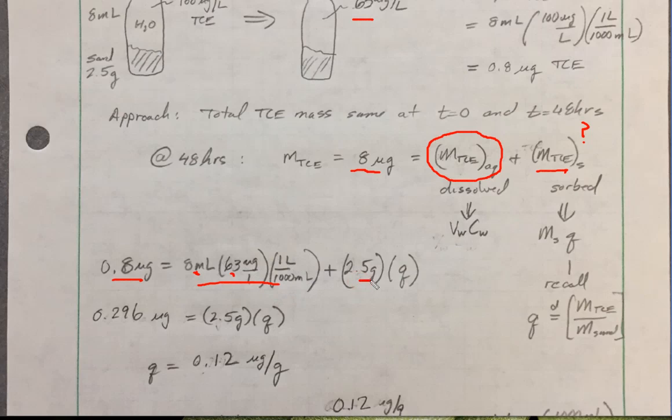And you know how much soil you put in, so you put that 2.5 in times the concentration on the soil. So remember, Q's units are mass of TCE per mass of sand. So the mass of sand is 2.5 grams. So everything is known except for that Q, and you solve for Q, and you get 0.12 micrograms TCE per gram soil.